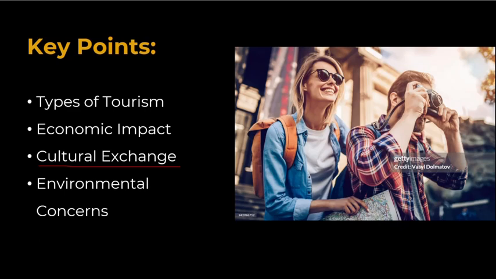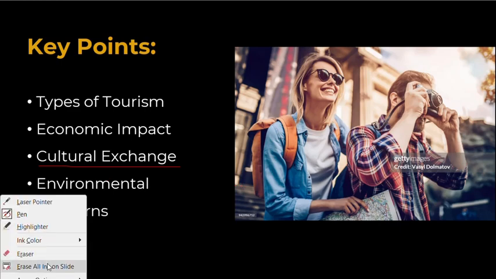We all know that the Japanese are known for the good quality of their work. So they adapted this kind of culture because they traveled to Japan. They bring this lifestyle and this culture back. So there's a cultural exchange because they traveled to a certain place. That is also a key point of tourism.